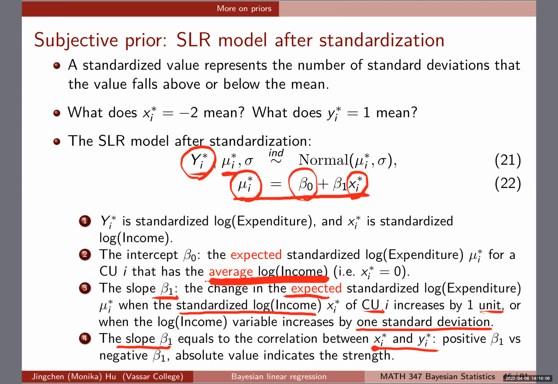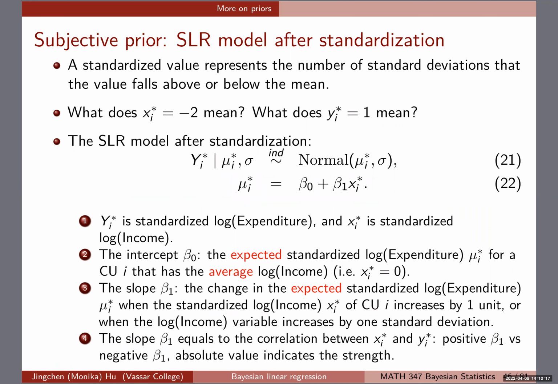So beta 1, once you do standardization, also gives you a sense of whether the correlation is positive or negative. And of course, as you know, the absolute value of the correlation indicates the strength of the linear relationship. This is probably from your intro stats course in the past when you first learned linear regression.